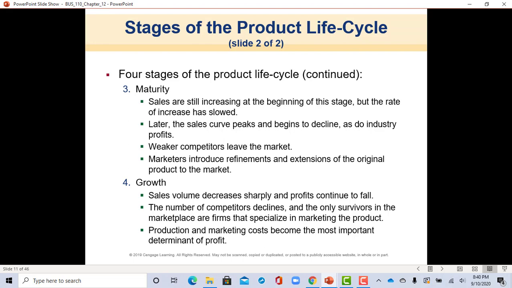During maturity, new promotional efforts and aggressive personal selling may be necessary. And then during the decline stage, management must determine when to eliminate the product altogether.